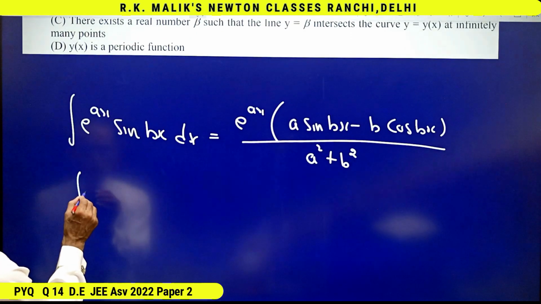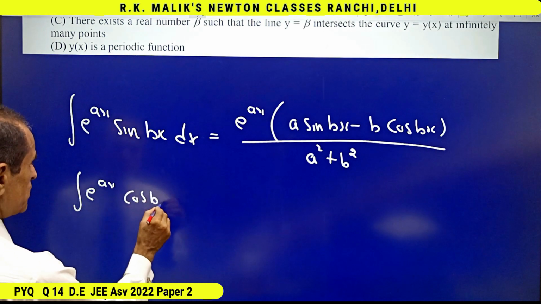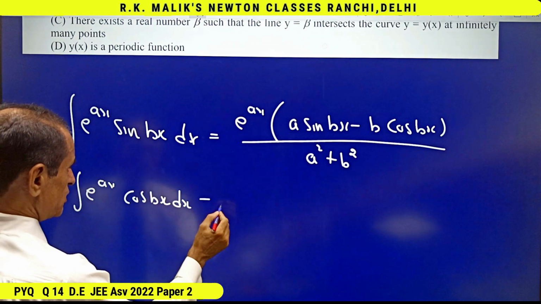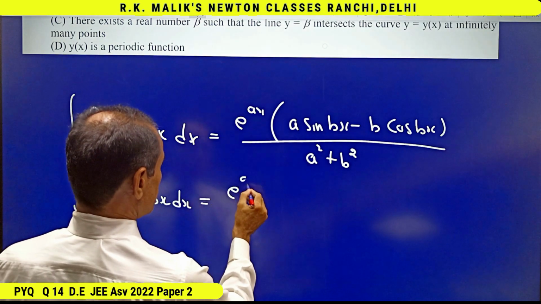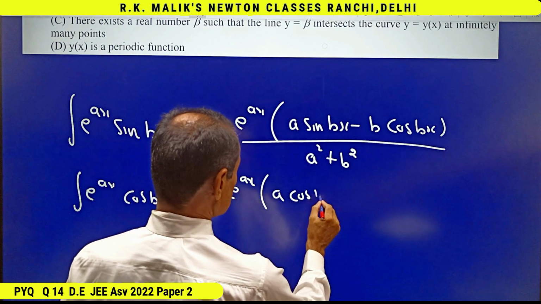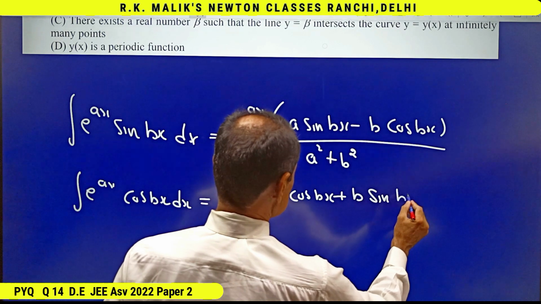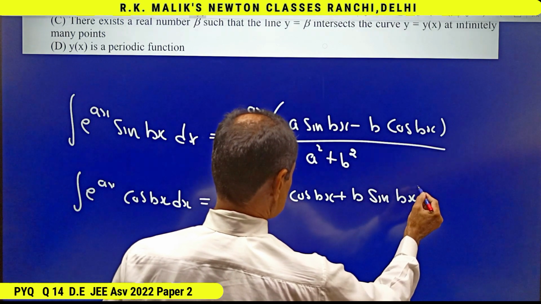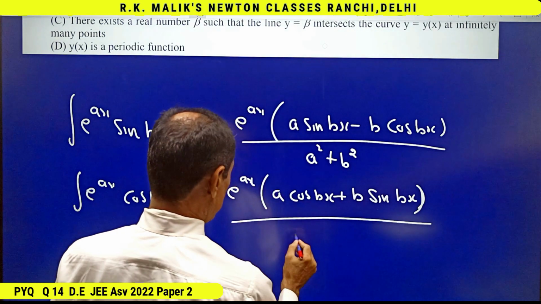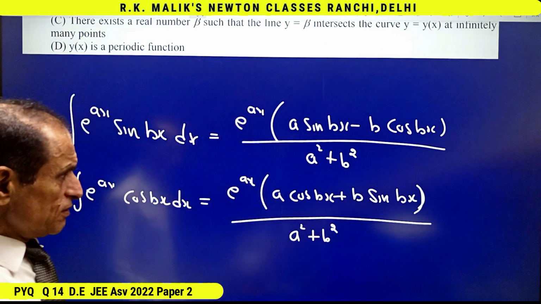And similarly, one more formula is the integral of e to the power ax cos bx dx, which is equal to e to the power ax times (a cos bx plus b sin bx) upon a square plus b square.